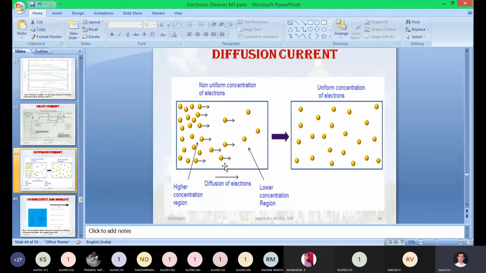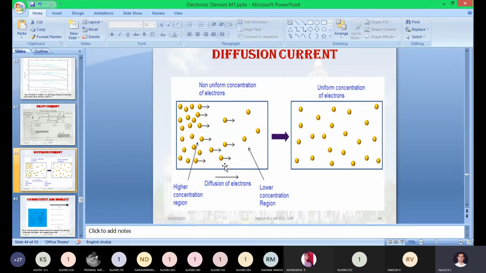So if you change the temperature from 0 degree Kelvin to 300 degree Kelvin, what will happen? That electron will get additional energy. Let us take that the electron has an initial speed of 10 km per hour. When you change the environmental temperature, that electron gets additional energy, and the speed will be 20 km per hour.